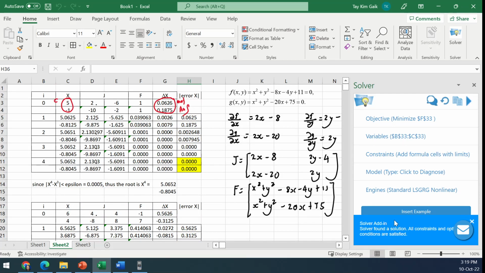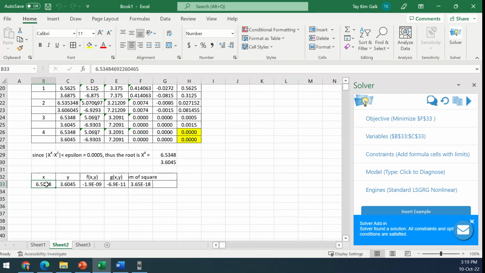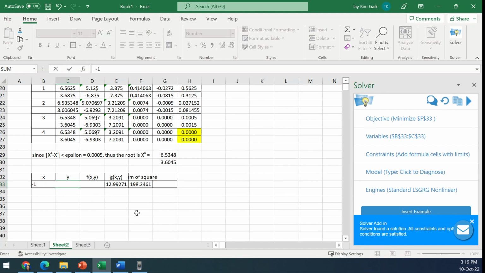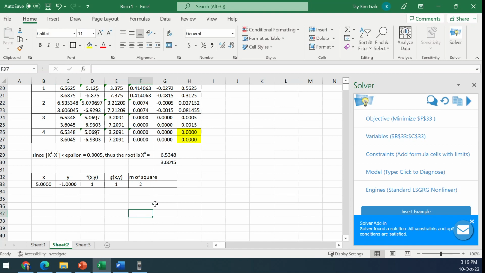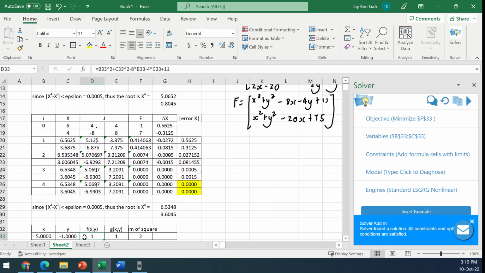No matter if I put 5, -1. Check whether the equation is correct: x squared plus y squared minus 8x minus 4y plus 11. This is x squared plus y squared minus 20x plus 25, correct?